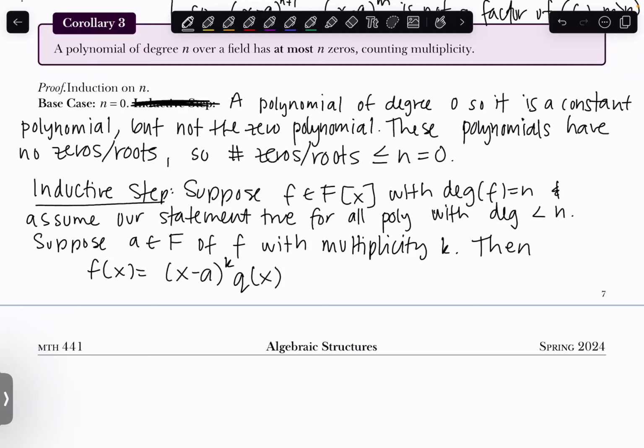So really I can get some more information about what my q is able to be. But something that we can see here is because f is not the 0 polynomial, I know that q can't be 0. Because if one of them was 0, I'd get the 0 polynomial, but I'm starting with something of degree n, so I'm assuming I don't have my 0 polynomial here.